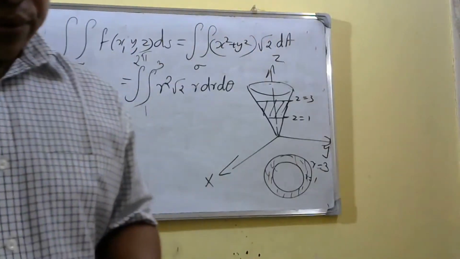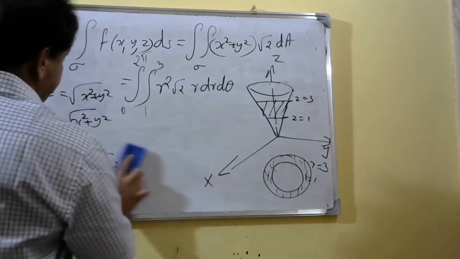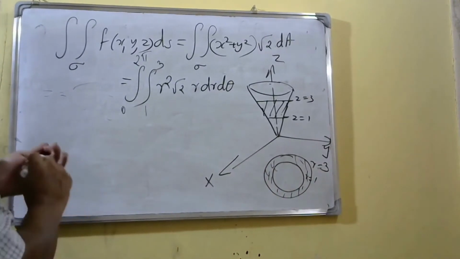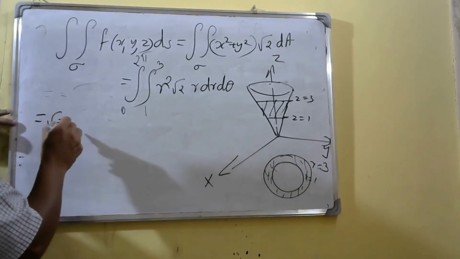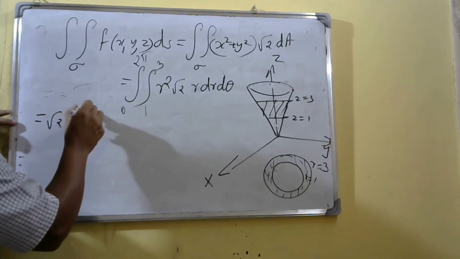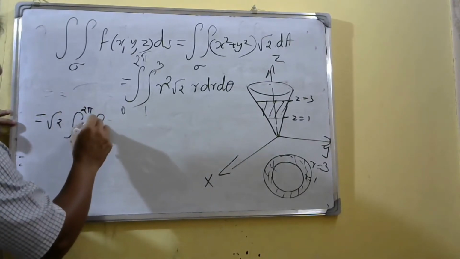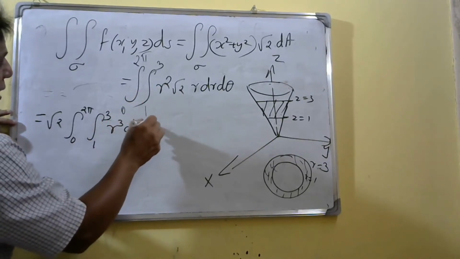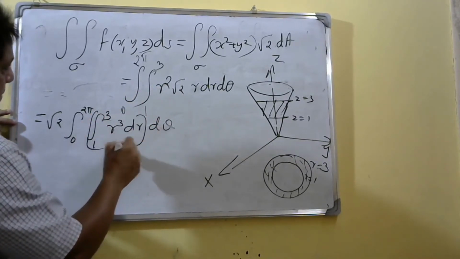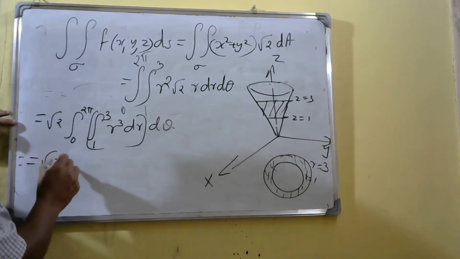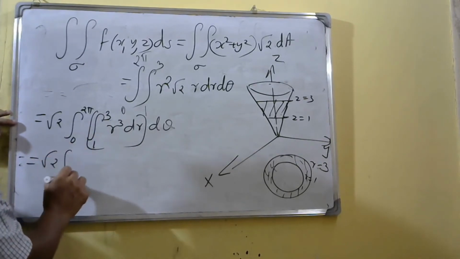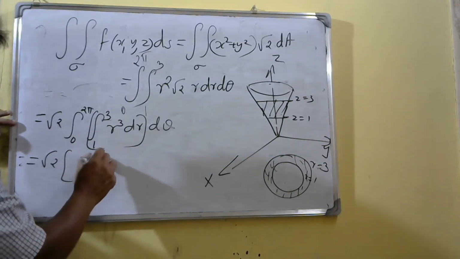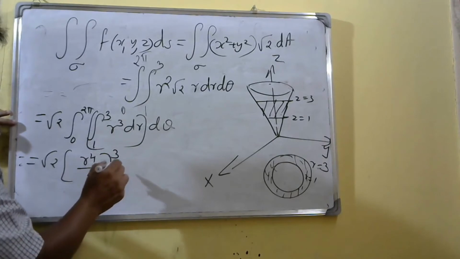Then we integrate, and we will get the result. This is equal to root 2 taken outside, integral 0 to 2 pi, integral 1 to 3, r square into r, that is r cube, dr d theta. That is root 2 into, r cube integrates to r raised to 4 divided by 4, from 1 to 3.